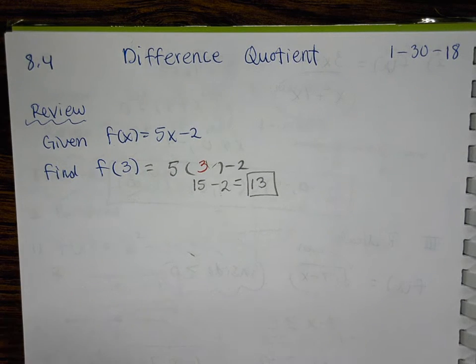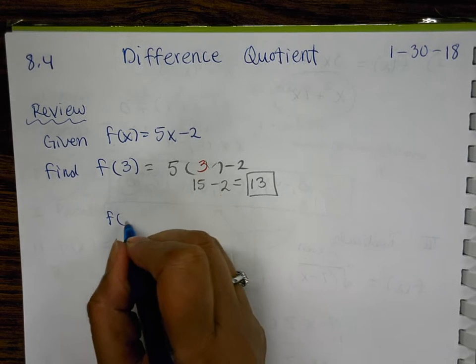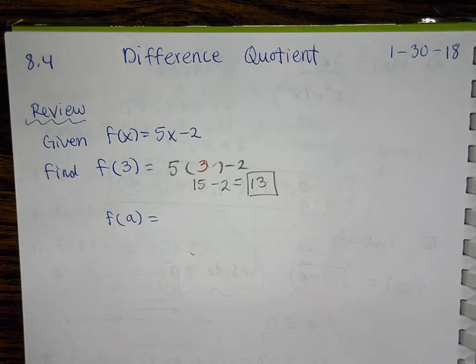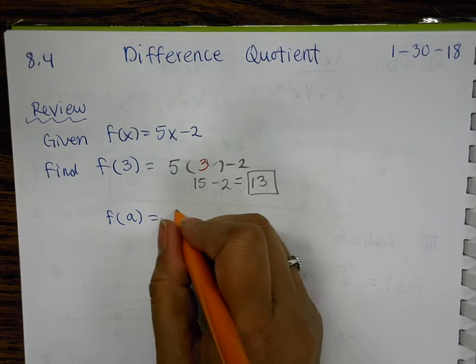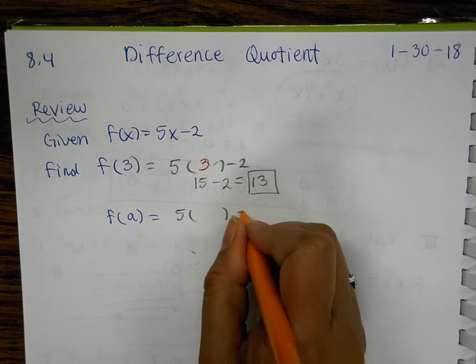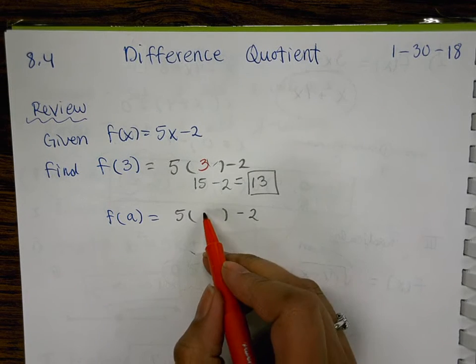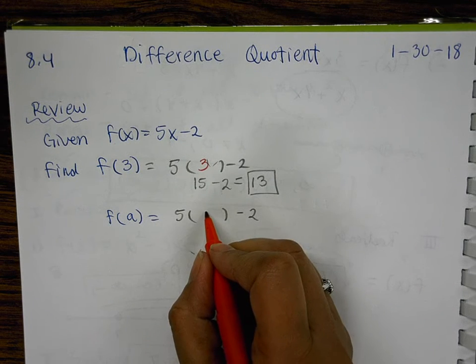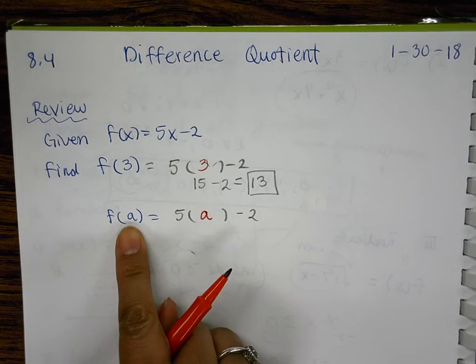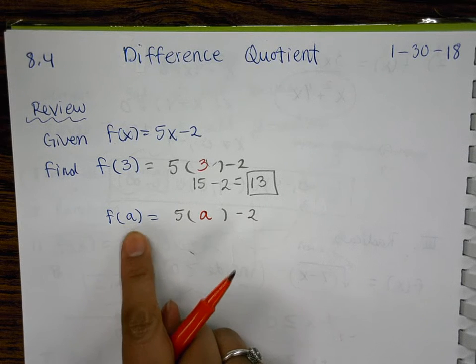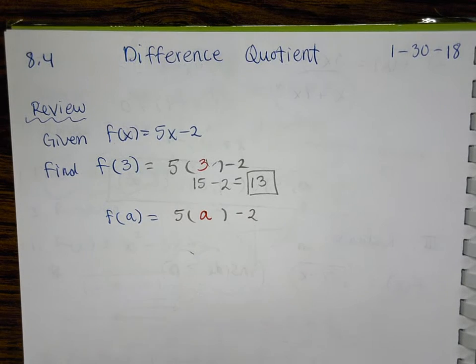All right, how would you do f of a? I want to see it the same way, 5 blank minus 2. And in the blank, you put an a. Why? Because it tells you right there what you're putting in the blank.